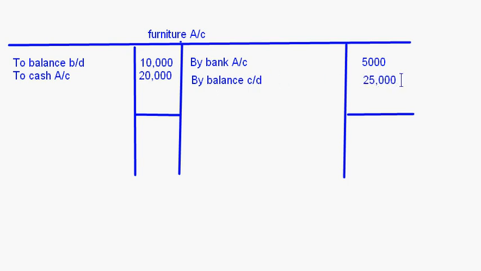The total on both sides is 30,000, like this, right? Now here we will have to balance brought down next month, that is 25,000, right?